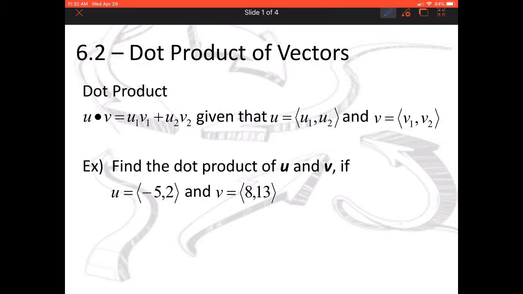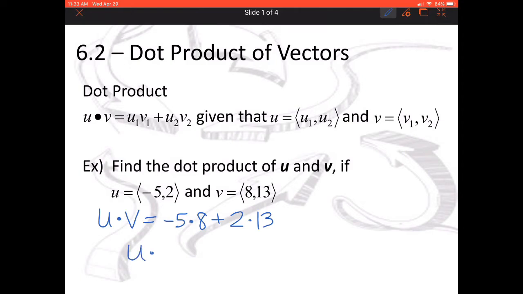So let's try finding the dot product of U and V given here in this example. So the dot product is, and notice my answer is just a number. It's not a new vector, okay? So we have to multiply the first components, and we have to multiply the second components, and then we add our answer together.